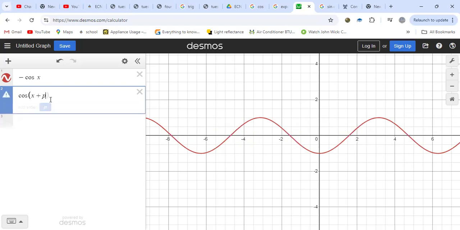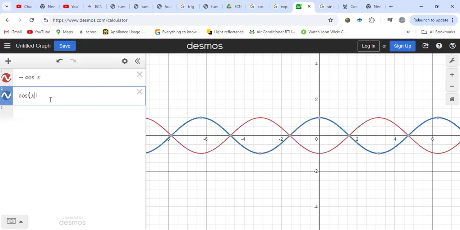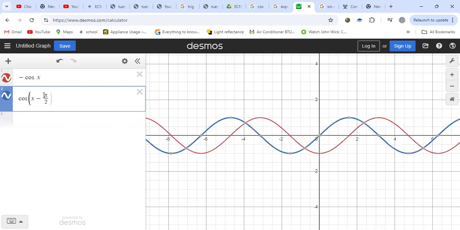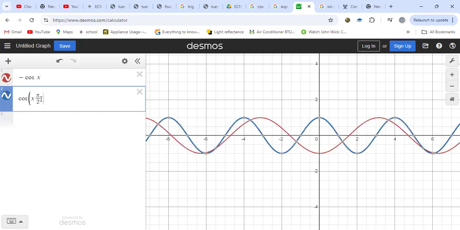Let me try pi. Oh no, I get the answer one time. Well, plus pi is the answer. So you add 180 degrees to the x. I try minus pi. Minus is working too. Okay. So let me try pi on 2. Not working. Let me try adding pi on 2. Not working.